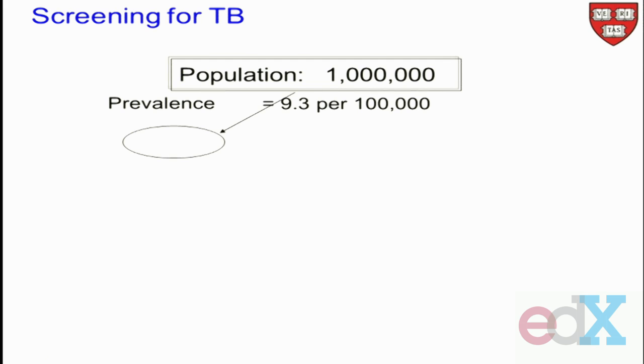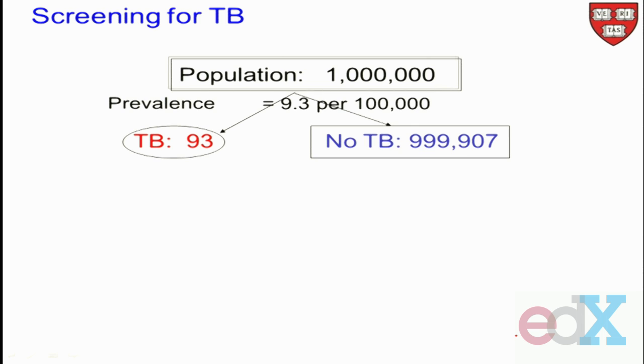So suppose we're going into this population of 93 per million. How well will our test act? Well, 93 per million means there are 93 with TB, and that leaves 999,907 without TB.